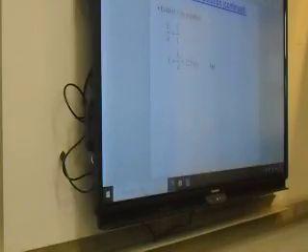So these angles are actually 45, all of them, for simplicity.